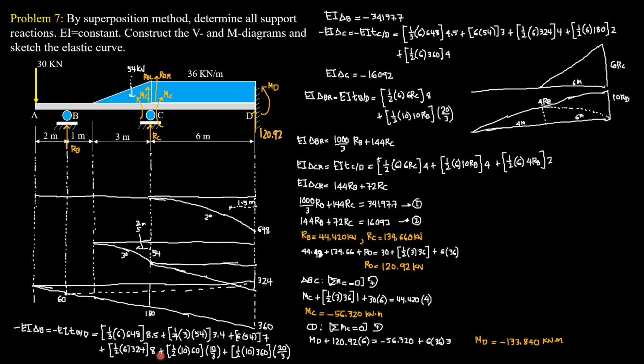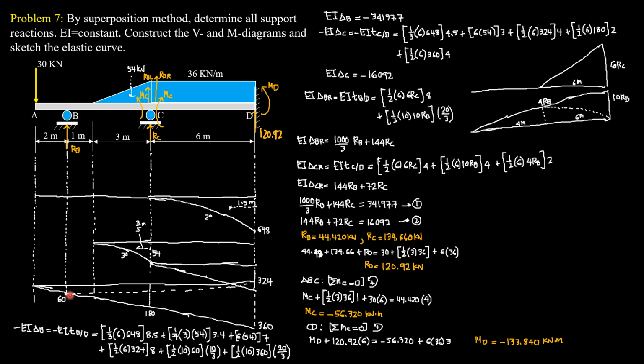Next is this triangle here, the smaller one. The area is 1/2 of 10 times 60. The distance of the centroid of the triangle from B is 1/3 of 10, so that's 10/3.